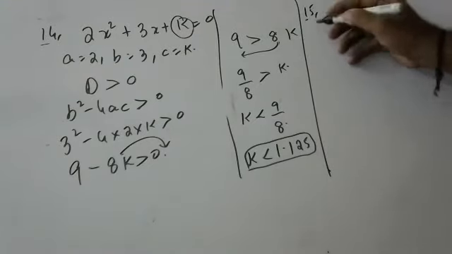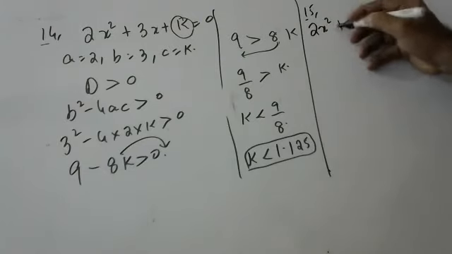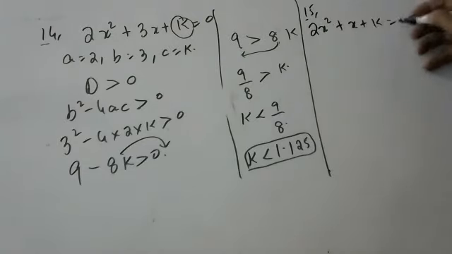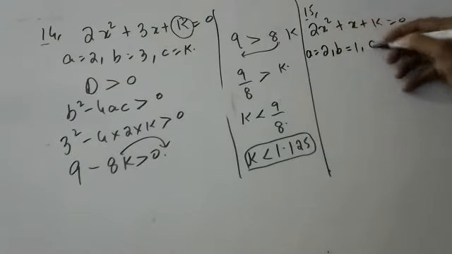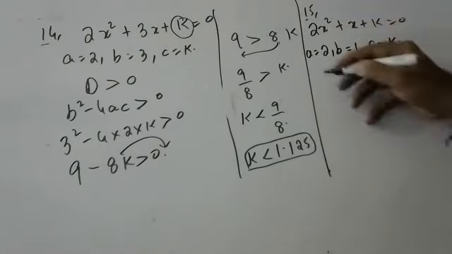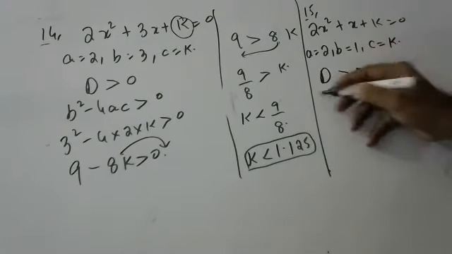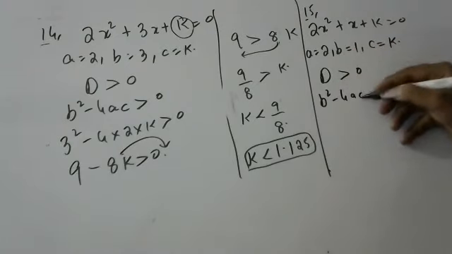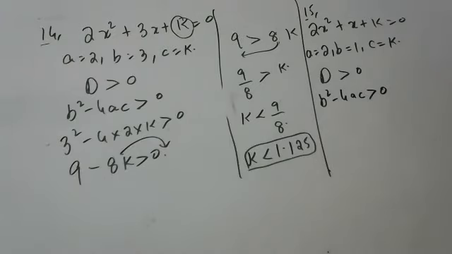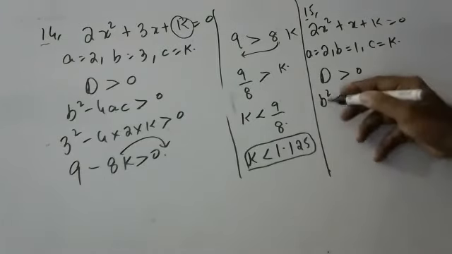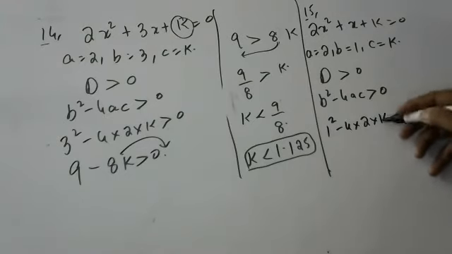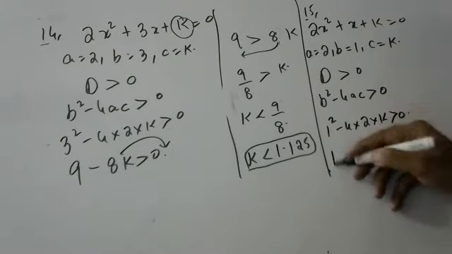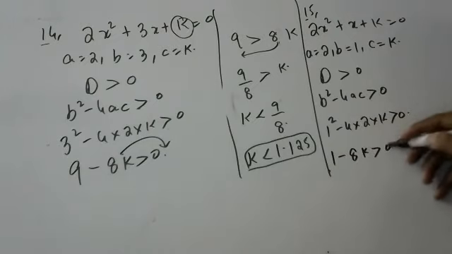Okay, please see here. 2x square plus x plus k is equal to 0. What is a, children? A is 2, b is 1, c is equal to k. D should be greater than 0. b square minus 4ac should be greater than 0. So 1 square minus 4 into 2 into k should be greater than 0. So 1 minus 8k should be greater than 0.